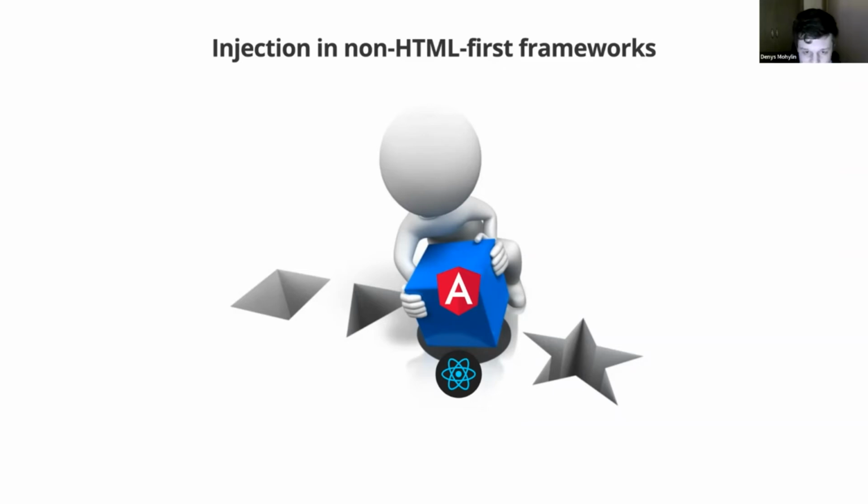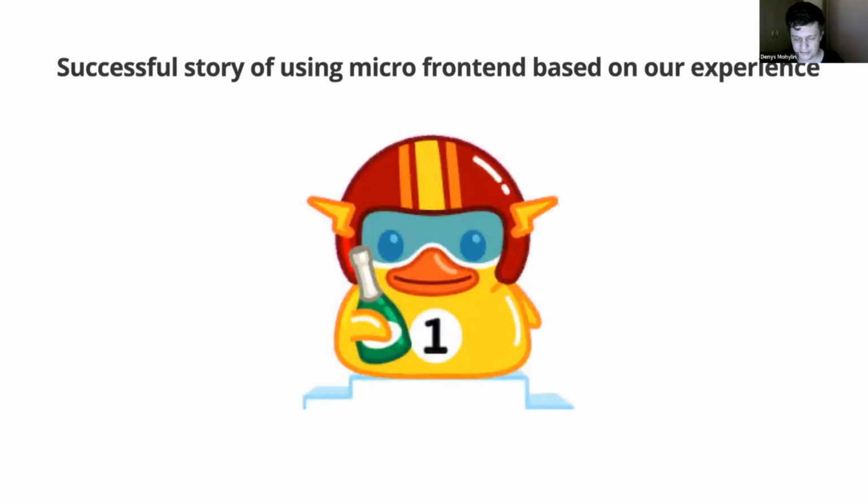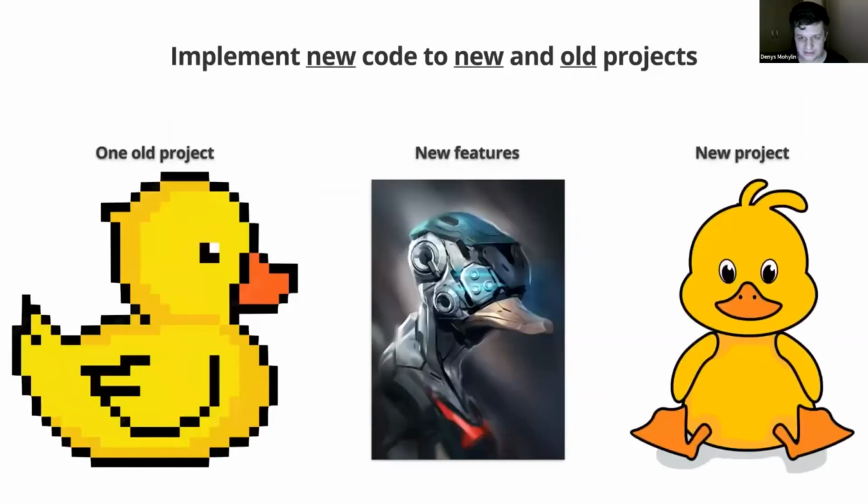Okay, and let's talk about a successful story of the implementation of micro frontends. The first example will start from the case when you have one old project. In my case, it was a project that was already 8 years old, and it's in the development phase. It always needs new features.